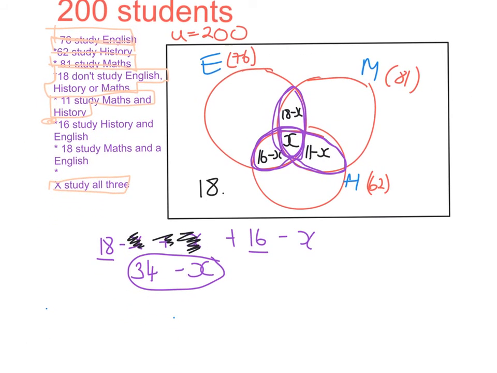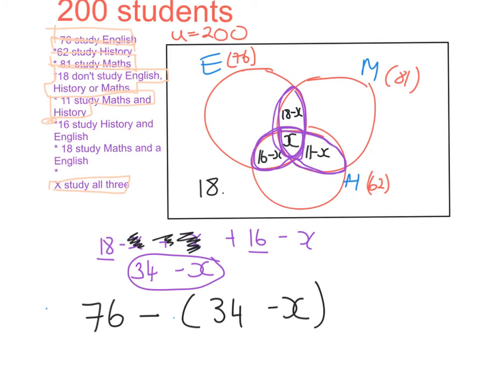So if I subtract 76 minus all of this, which now is 34 minus x, it's really important I keep that in brackets because it will affect my signs. So it's 76 minus all of what was inside.